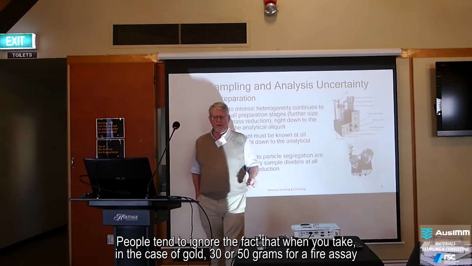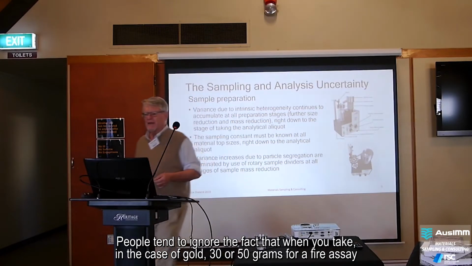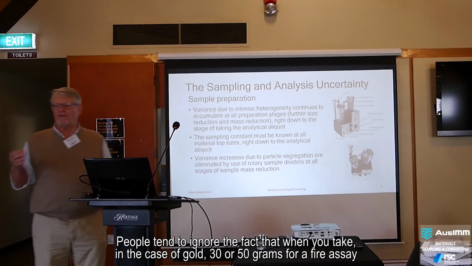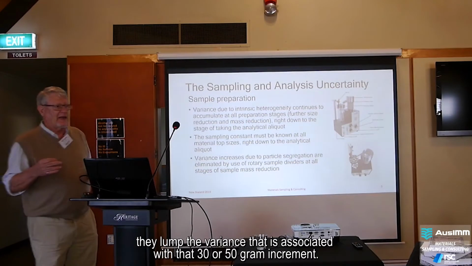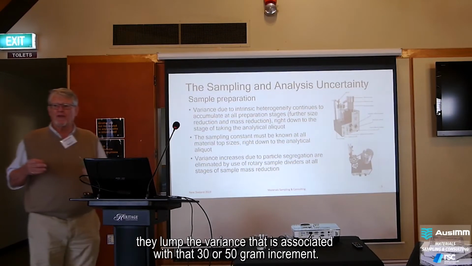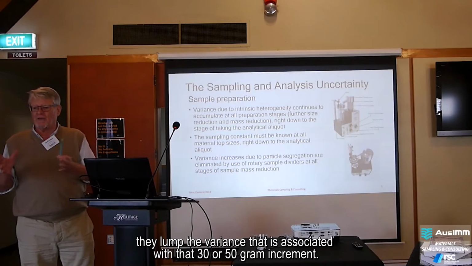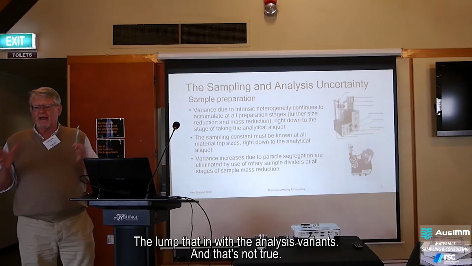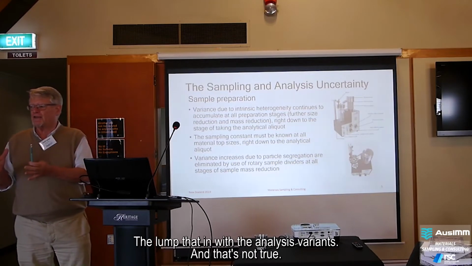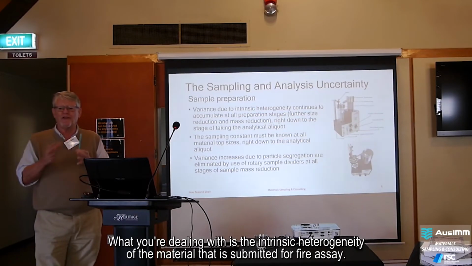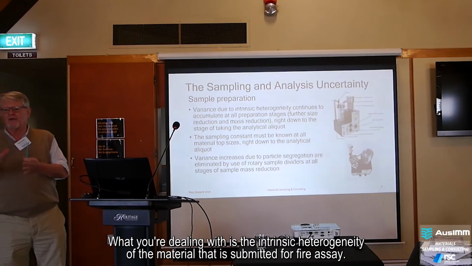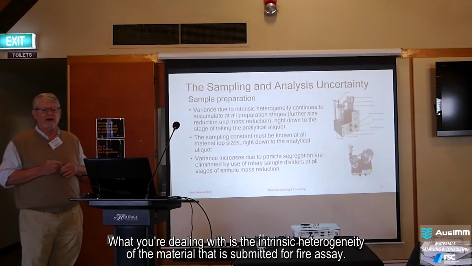People tend to ignore the fact that when you take, in the case of gold, 30 or 50 grams for a fire assay, they lump the variance that is associated with that 30 or 50 gram increment in with the analysis variance, and that's not true. What you're dealing with is the intrinsic heterogeneity of the material that is submitted for fire assay.